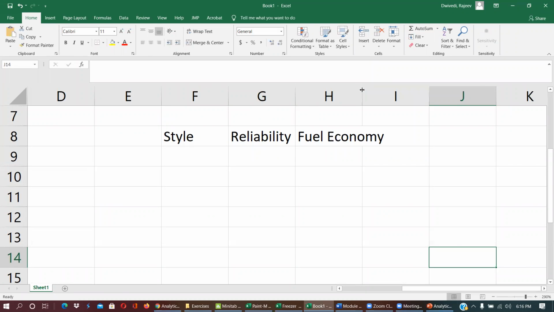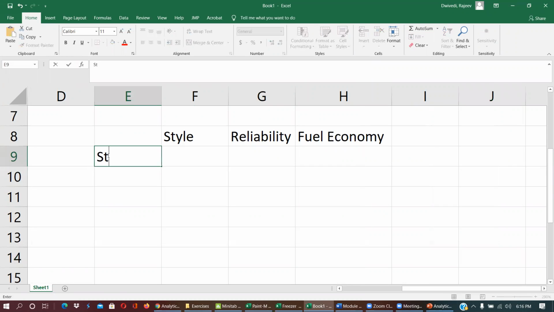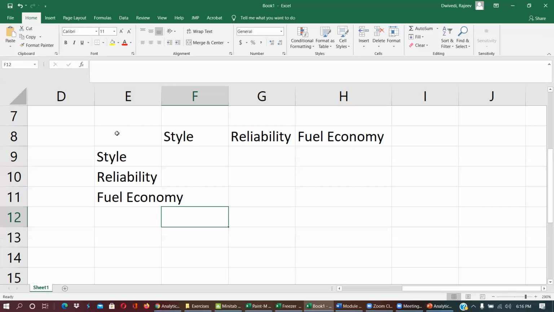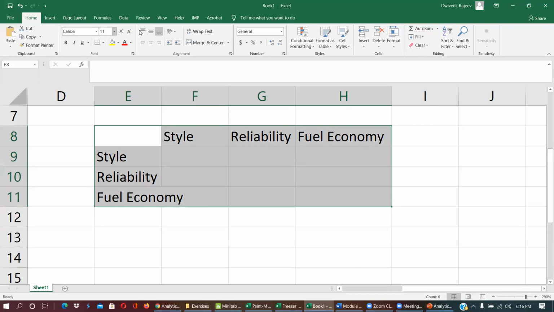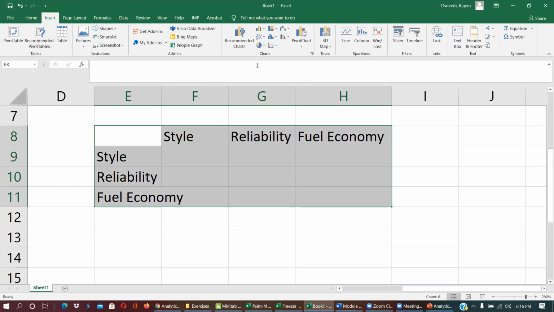So here I'm also going to put style, reliability, and fuel economy. So this is the matrix that I just created.